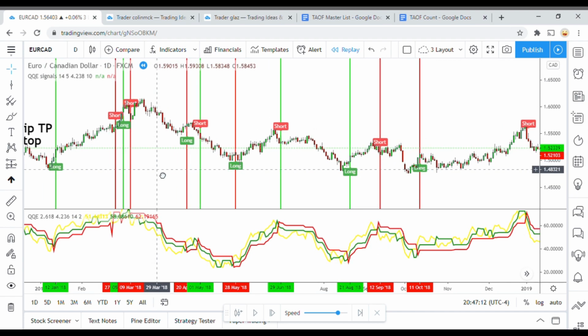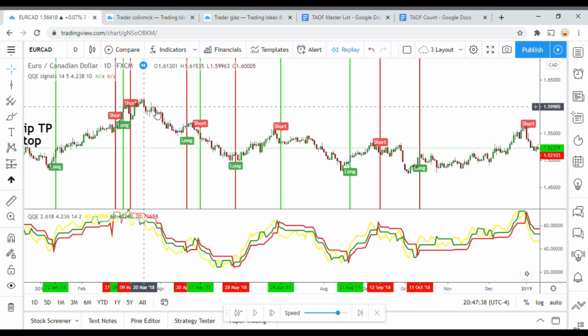Seems like if we were to slow it down just a little bit, give it a little bit more time to confirm, then it might be able to work a little bit better, or even, let's see, short there, long there.